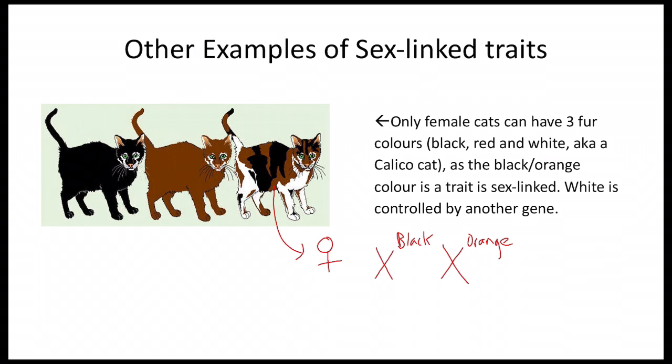So black could be a male or a female cat, and this is the same with the red or orange cat. But the calico must be female, as it has to have 1 black X chromosome and 1 orange X chromosome. The male can only have 1 X chromosome, so they can only be either black or orange, not both. White is independent from that. Black and orange are co-dominant, so that female can show the 3 colors.